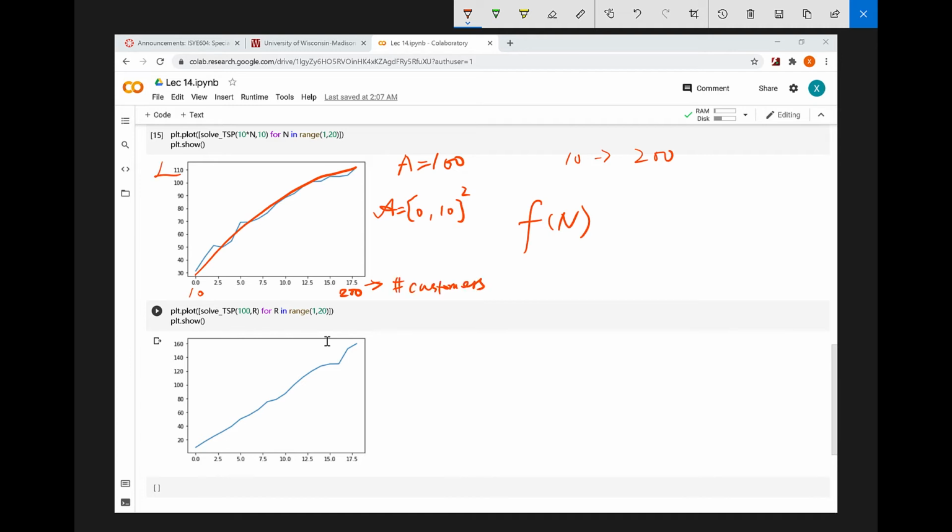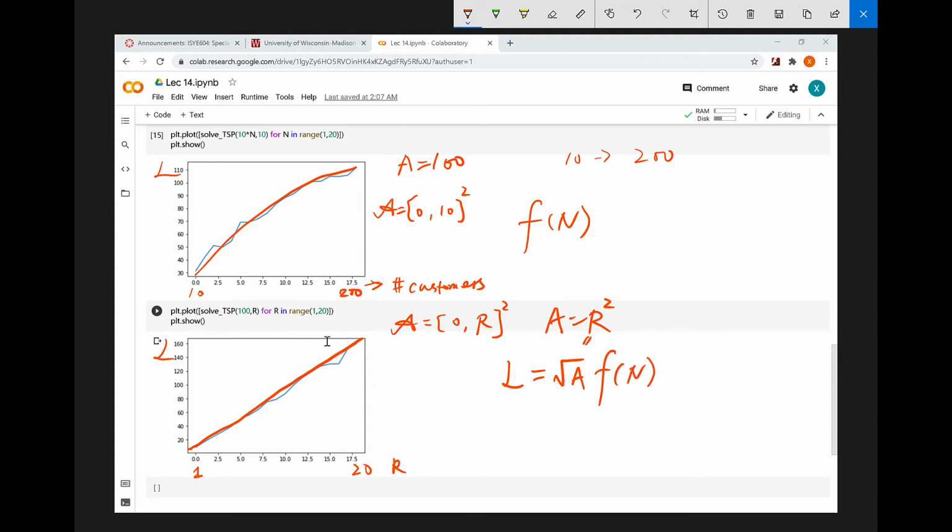And also we vary the market size from 0 to R here, so the area should be R squared. You can see as R increases from 1 to 20, the TSP distance kind of linearly increases. So this tells us L is proportional to R, which is the square root of A, and times a function of n.